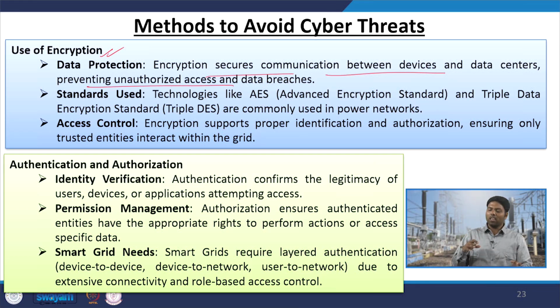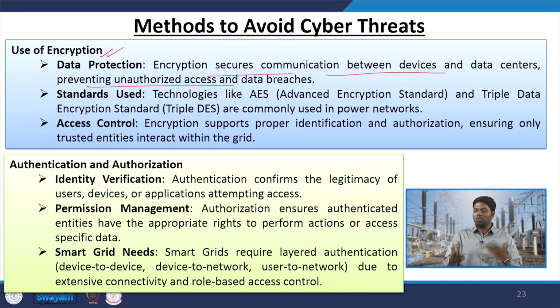Normally hackers try to hack every day, every hour. Every power system is experiencing hacking or cyber threats every day or every hour, but we are keeping the system safe by this encryption, because that algorithm is not known to them.